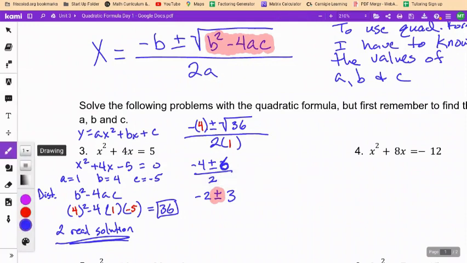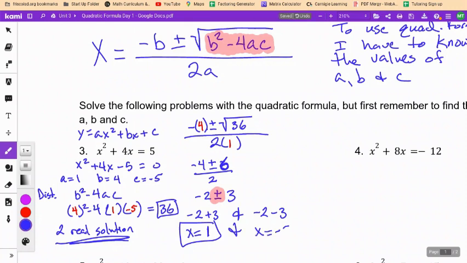All this is saying is that I have two problems here: negative 2 plus 3, and negative 2 minus 3, hence our two solutions. That's where we get our two solutions from, the plus and the minus. Negative 2 plus 3 leaves me with 1, so x is equal to 1. And negative 2 minus 3 gives me x is equal to negative 5. Those are my two real solutions.